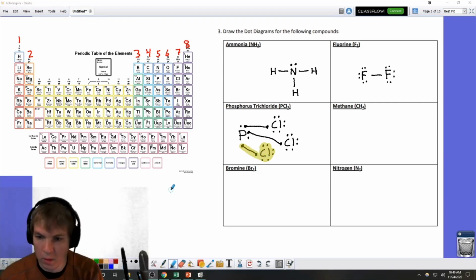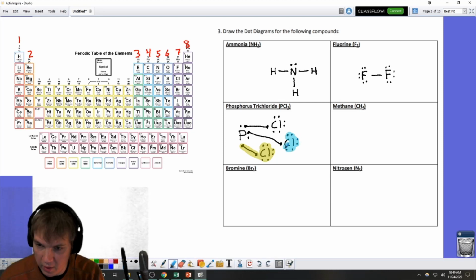This chlorine contains these electrons right here. And then let's do one more. This chlorine contains all of these electrons right here. Now the phosphorus contains all of these electrons.